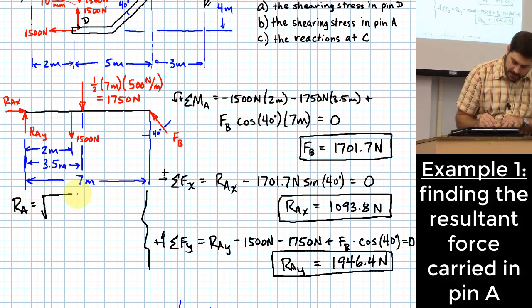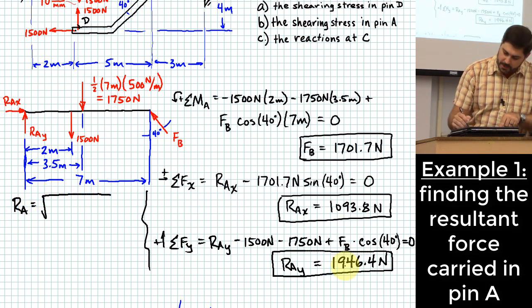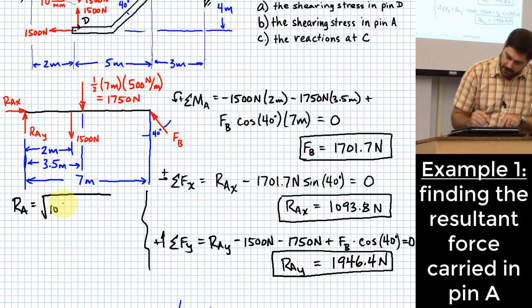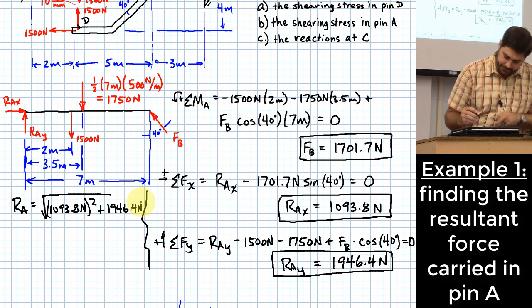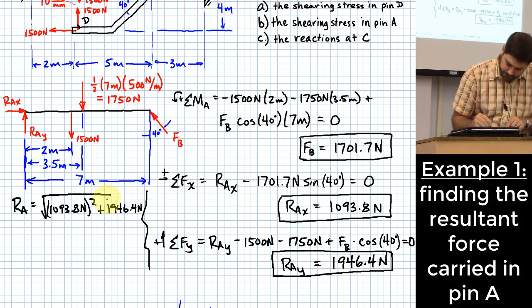All we do is take the square root of the sum of the squares of the two components.